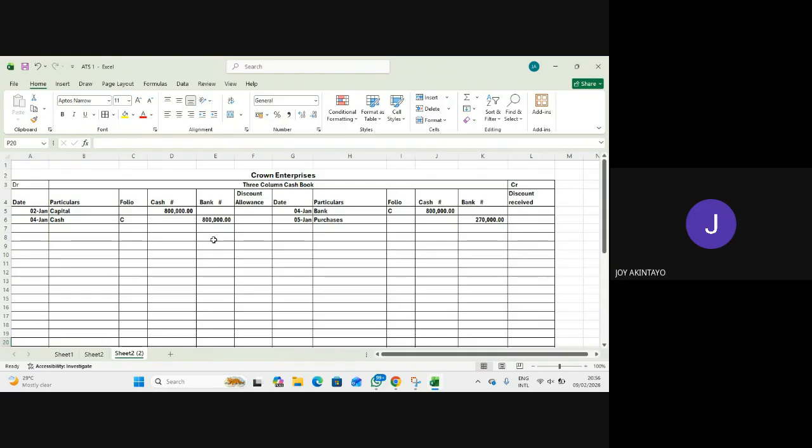The next thing: electricity paid by check 5,000, rent by check 7,000. So we paid electricity by check. January 6th. Yes, January 6th. So how do we record? Electricity by check, where are we posting?